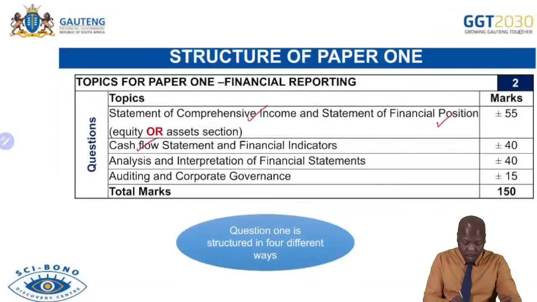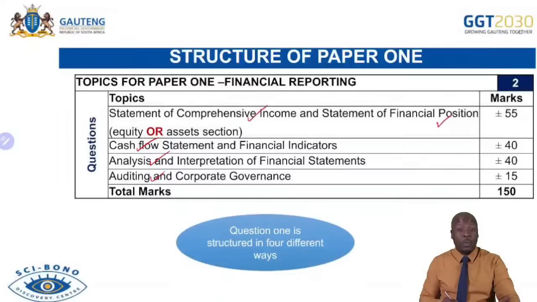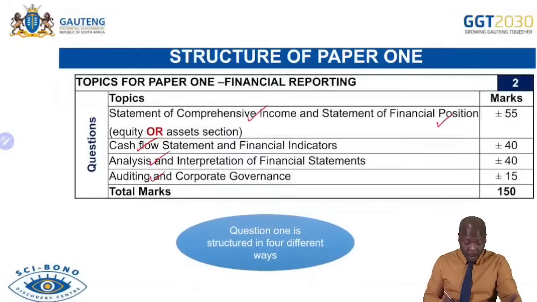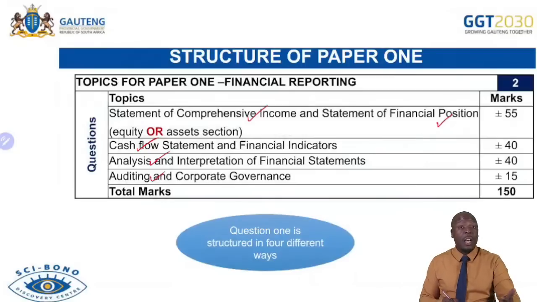That is your cash flow, your analysis, and auditing together with corporate governance. Those will remain the same. So the one option that can be changed is question number 1. All right. So this is the second option that the examiner can exploit, the statement of comprehensive income and the statement of financial position. Remember, in the first option, we have the calculation of correct net profit together with the statement of financial position.